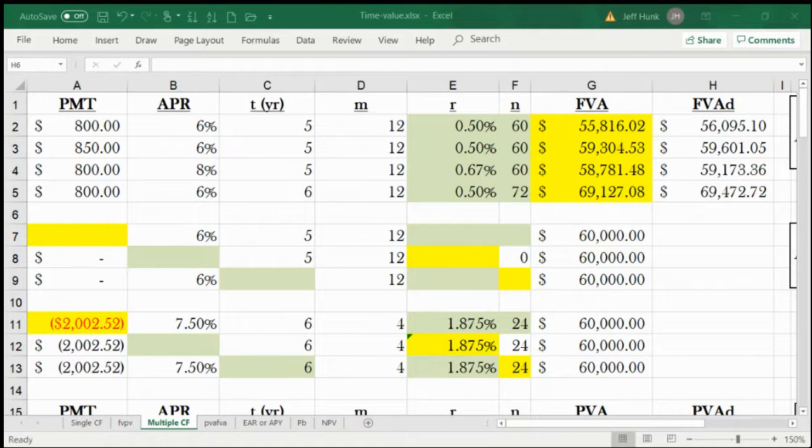And the future value is $55,816. But that's not the conclusion, that's only part of the solution.